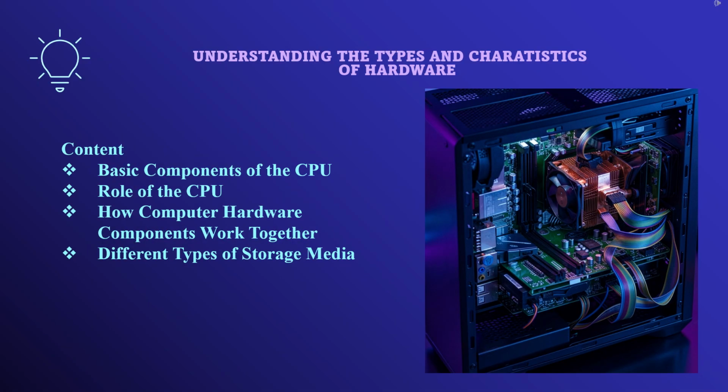Let's begin with the first main section of this presentation, which is computer hardware. In this part, I will cover four key areas. First, I will explain the basic components inside the CPU, which is often called the brain of the computer. Second, I will walk you through the role the CPU plays when it comes to processing information.